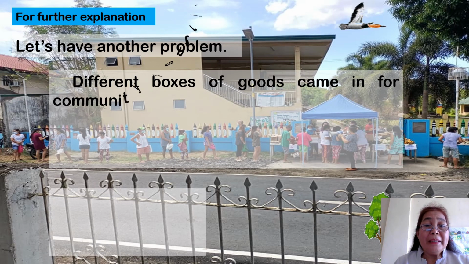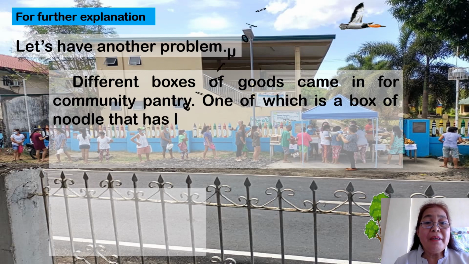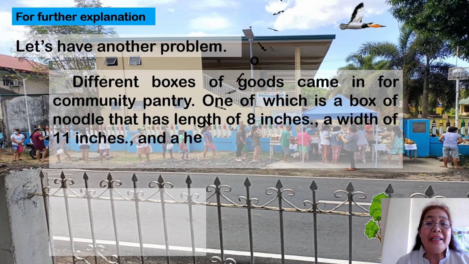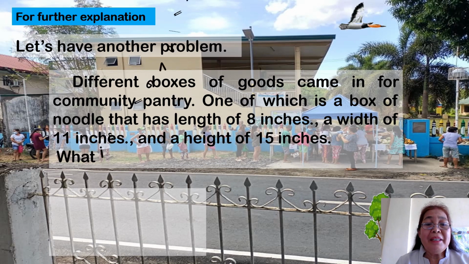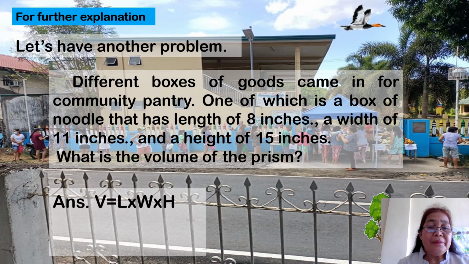Again, from the community pantry of Banaad ES, different boxes of goods came in, one of which is a box of noodles that has a length of 8 inches, a width of 11 inches, and a height of 15 inches. What is the volume of the prism? I know you already have your answer. Let us reveal it.